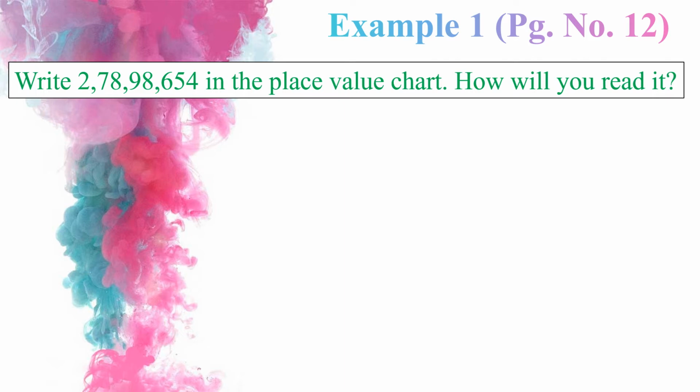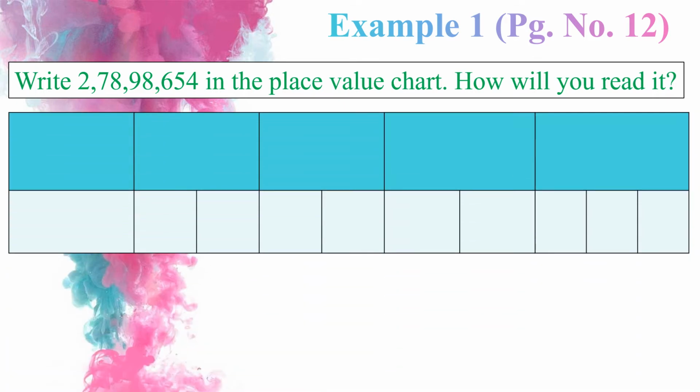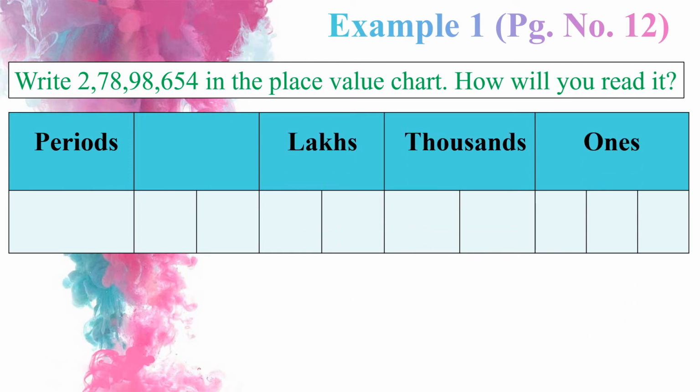We need to form a place value chart under the Indian system. Therefore, the table consists of the periods ones, thousands, lakhs and crores. And we need to write the number from the ones digit, then thousands, then lakh and then crore.